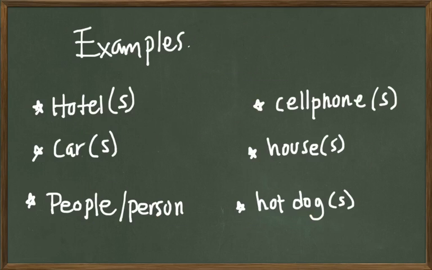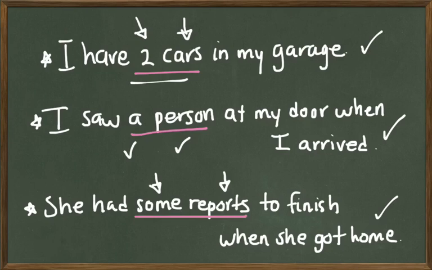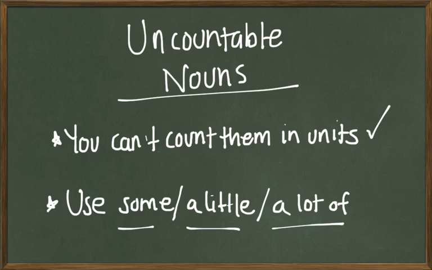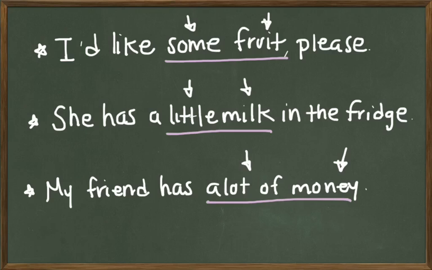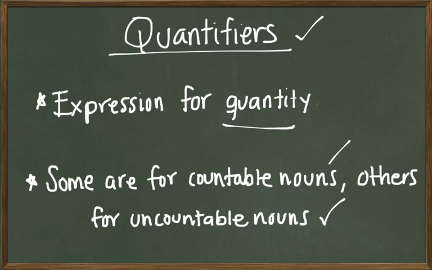We had some examples, some sentences using them. We also talked about uncountable nouns here. Remember that you cannot count them in units. You can count them, but using expressions such as some, a little, or a lot of. We have some examples of uncountable nouns too, and some sentences too.